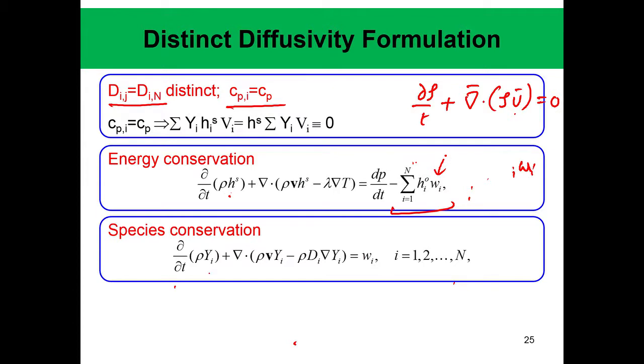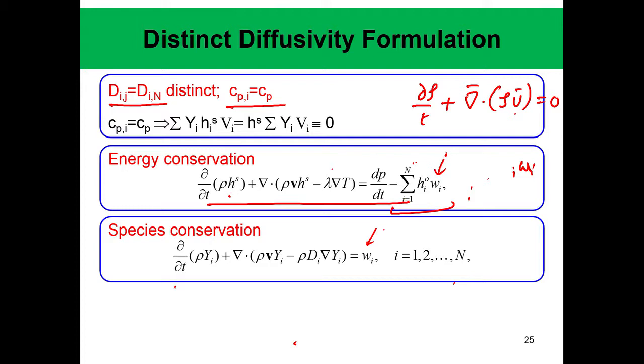And so, that is how this sensible enthalpy is essentially coupled to the species mass fraction. And when you consider the species conservation equation, you see that this also contains the species production rate and the species consumption rate, but it also contains temperature through the reaction rate constant.